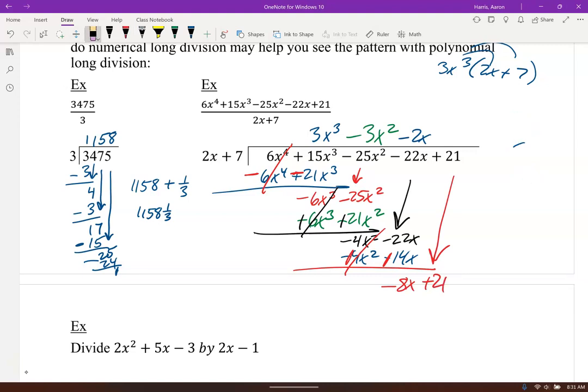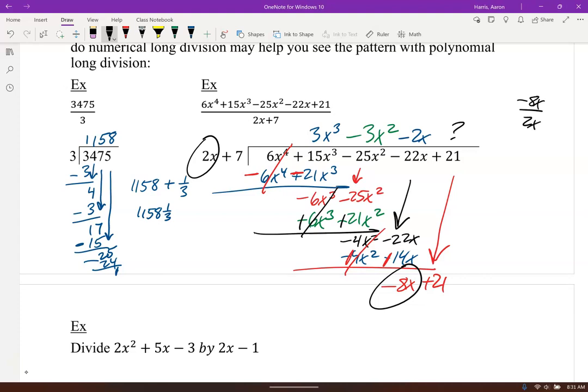So now the question is, what times 2x gives me negative 8x? Or, if you want to do it backwards, negative 8x over 2x. In other words, I need a negative 4. Because negative 4 times 2x is negative 8x.